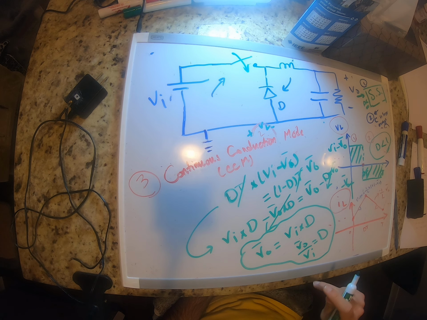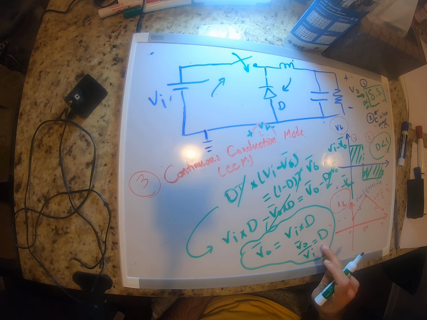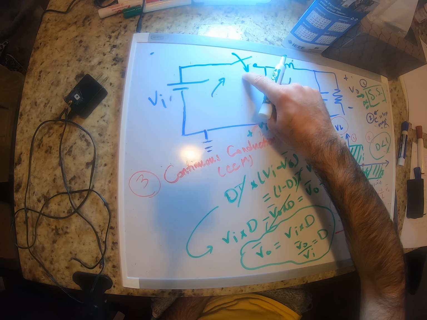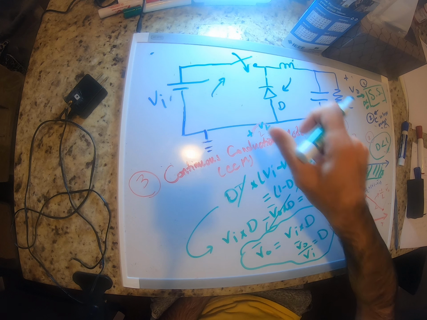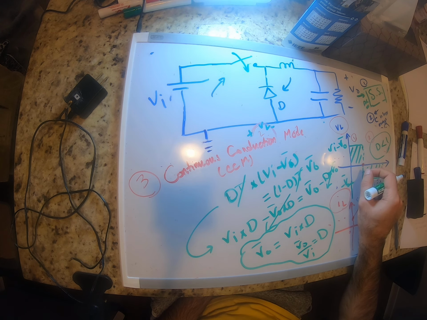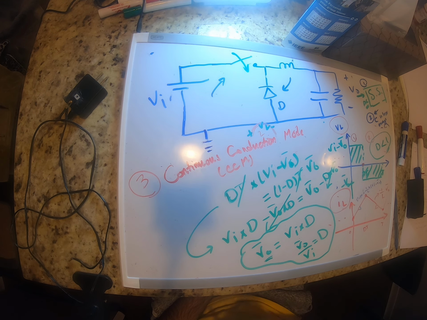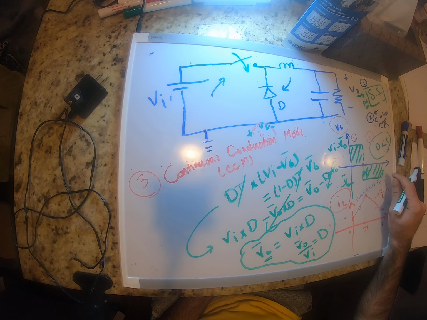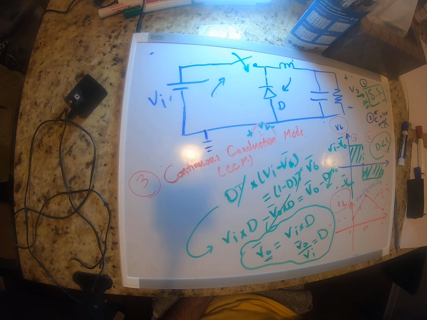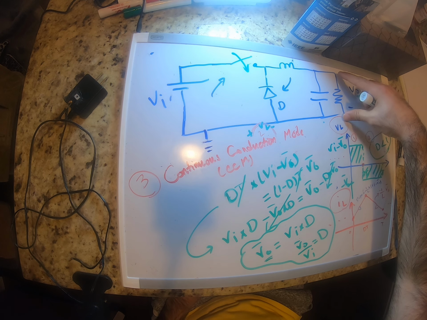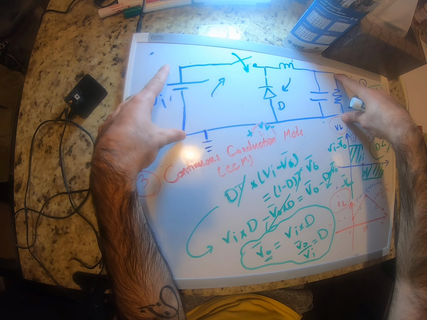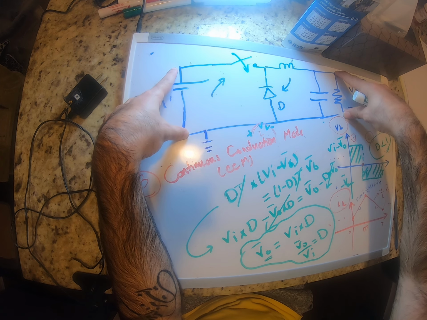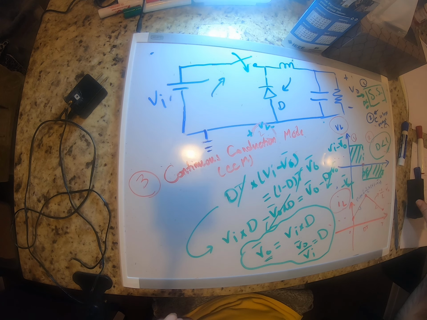So by changing the duty cycle of this switch, by changing the period that it is on or off, we can change the output voltage, and this output voltage is going to be smaller than the input voltage. So that's how we can provide a voltage which is smaller than the input voltage on this side of the buck converter.